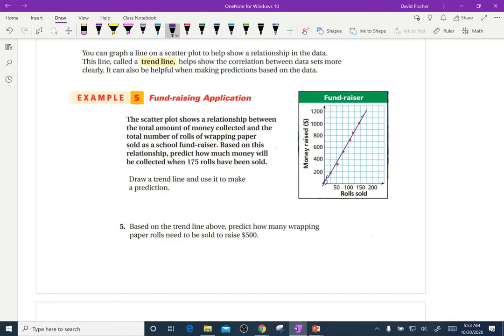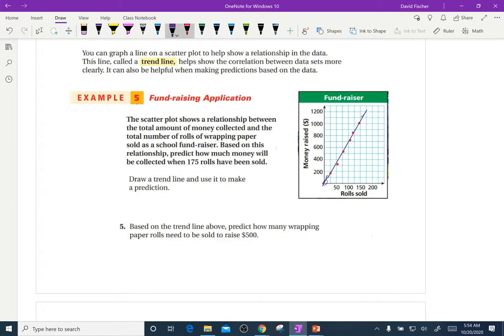Okay, so now I drew my trend line, and now it says based on the trend line above, which we're going to start writing equations because we can't write an equation if the dots are all over the place. So what we do is we draw a trend line, and then we write an equation for that line to help us do answers that are further out on the axis here.